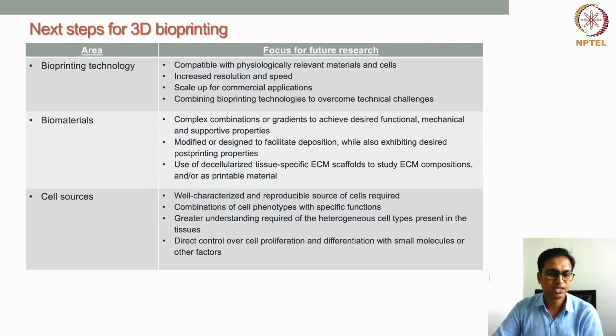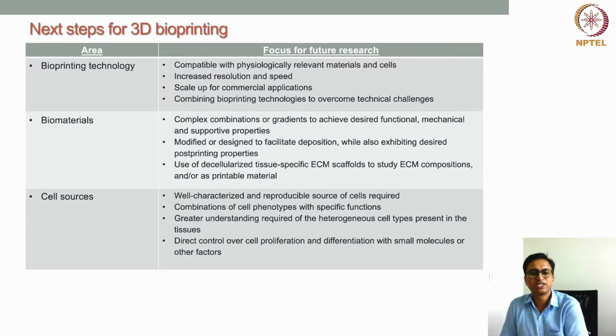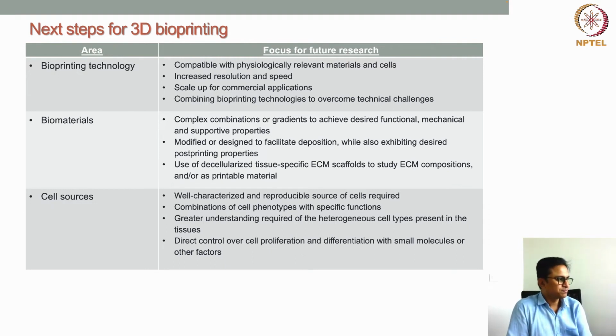I have discussed earlier that the biomimicry approach can be used for doing that. Biomaterials can also be modified or designed to facilitate deposition while exhibiting desired post-printing properties. During bioprinting, we can modify or design certain processes to facilitate the deposition of the biomaterials in a certain way.